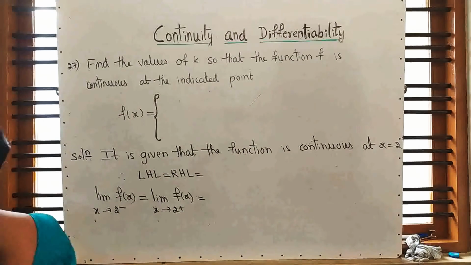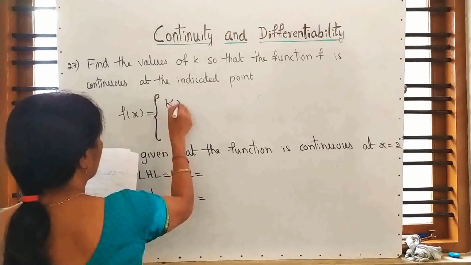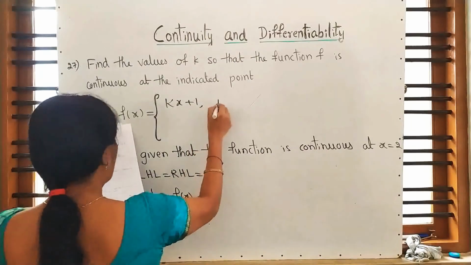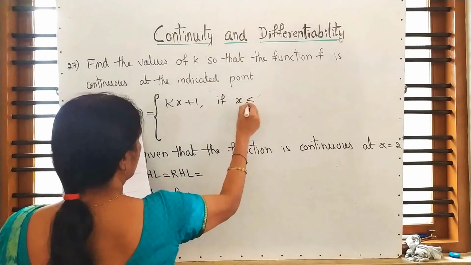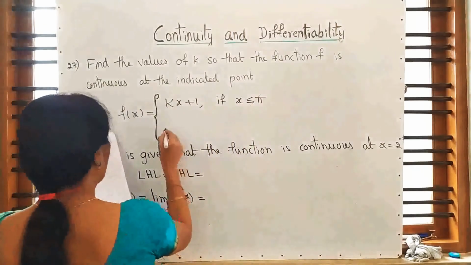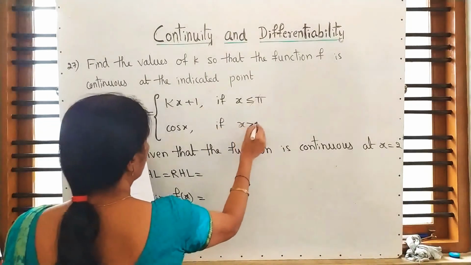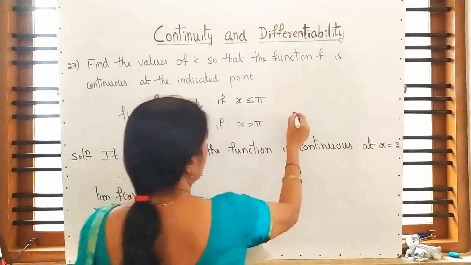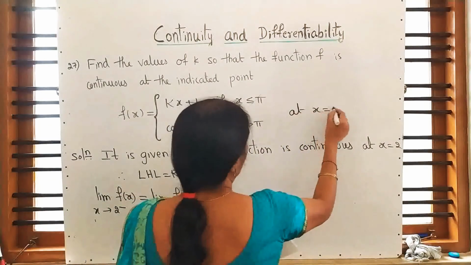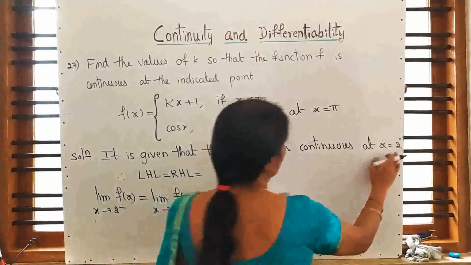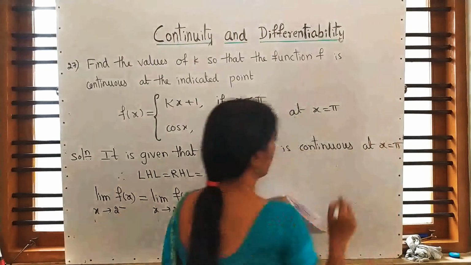See, the problem is kx plus 1 if x is less than or equal to pi, and cos x if x is greater than pi, at x is equal to pi.